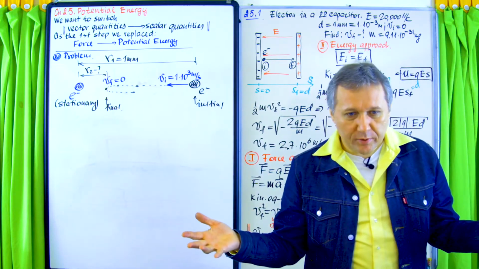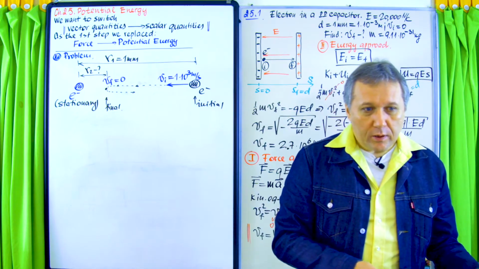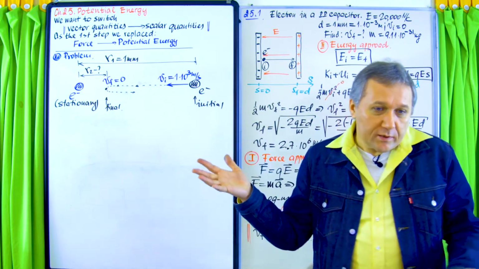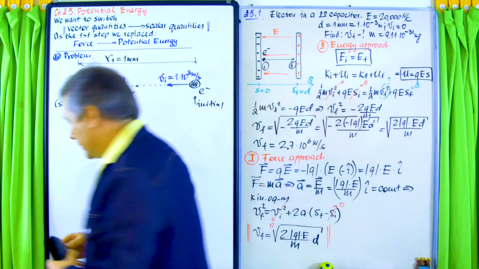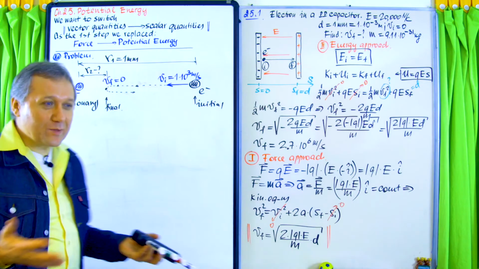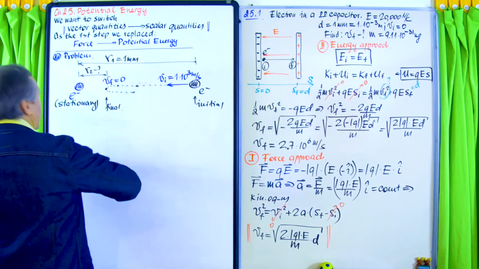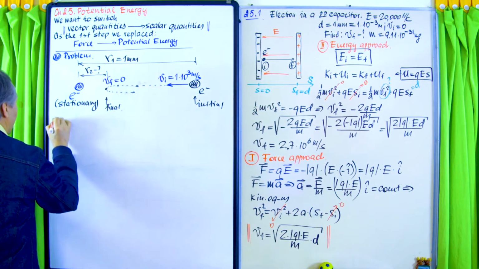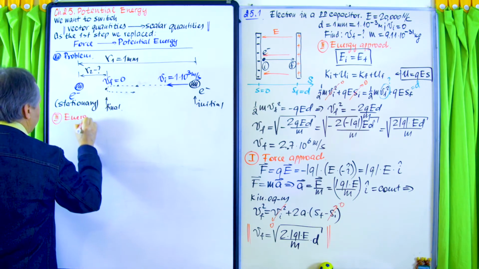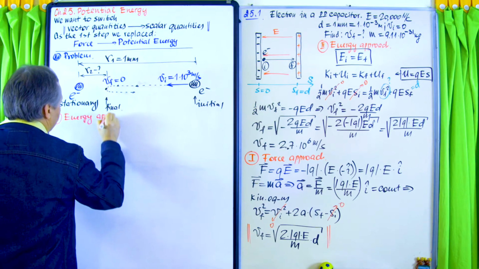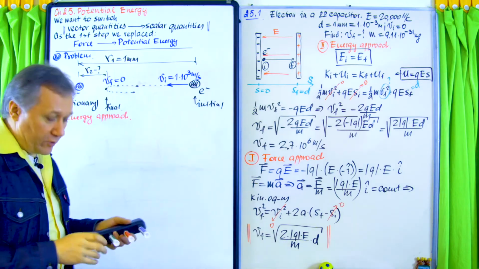Again, two approaches can be used. Energy or force approach. Since energy is the new one, let's start with the energy approach, and then we will look at the force approach as well to see which one is better in this situation. All right, so let me put 2 and energy approach, which is based on conservation of mechanical energy.